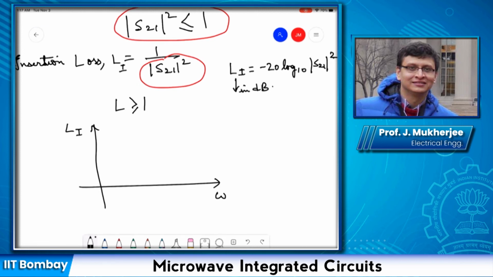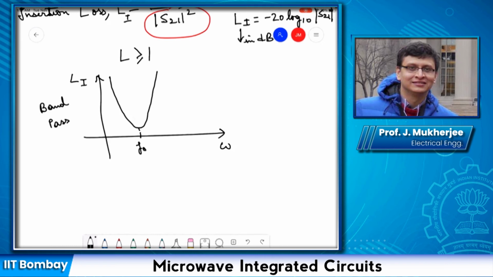So they might have characteristics like this. This is my f0 or resonant frequency. So this is for band pass. For a band stop, the reverse.